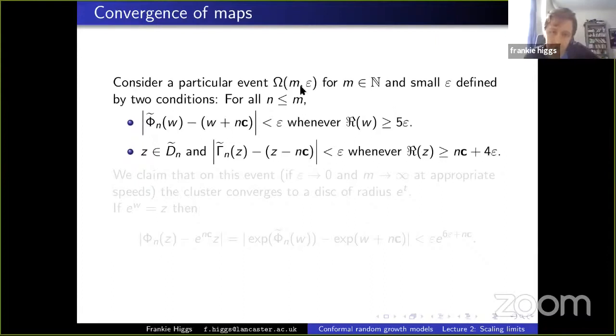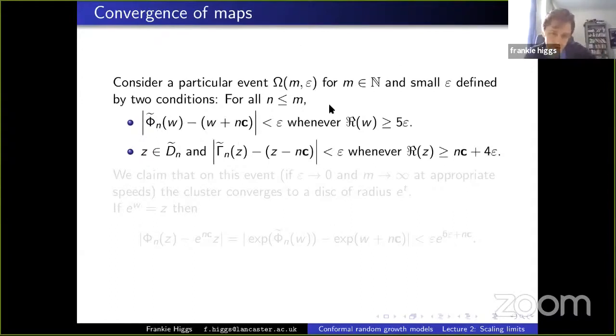So this event, omega_{m,epsilon}, m is going to be a fixed natural number. Epsilon, I say it's going to be small. It's going to go to 0 as c goes to 0. It's going to be something like the cube root of c times a logarithmic term going to infinity, so something like log of 1 over c. For now, just imagine it's something small.